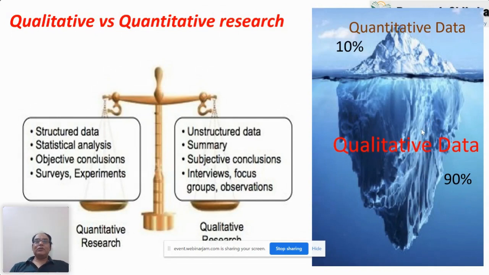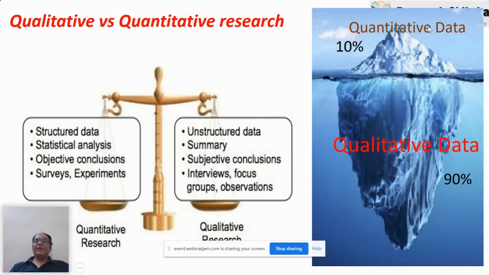So we can consider quantitative and qualitative data as the two parts of the iceberg, where 90% of the data is qualitative, but the problem is that we cannot see this data clearly. Only if you understand the qualitative data can you analyze and use this kind of data set.